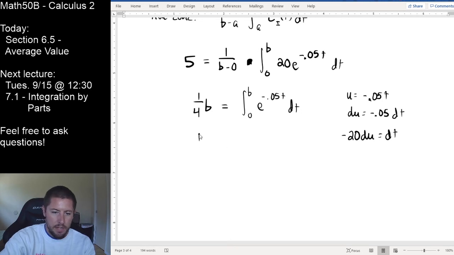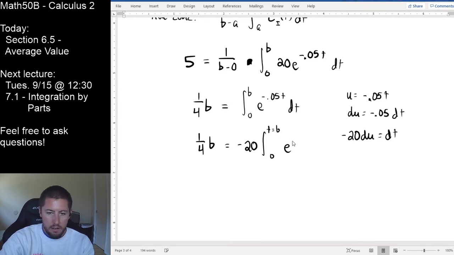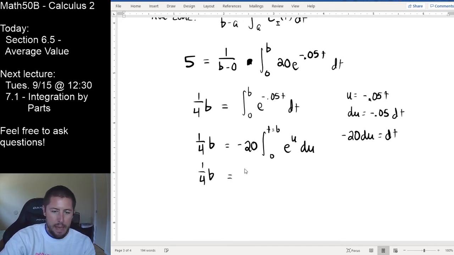So it looks like I'm going to get 1/4 B equals negative 20 integral from 0 to t equals B, keeping track that it's still t, of e to the u du. And again, I typically wouldn't write out the u sub for this because I can see this little easy chain rule there. But it's not a bad idea.